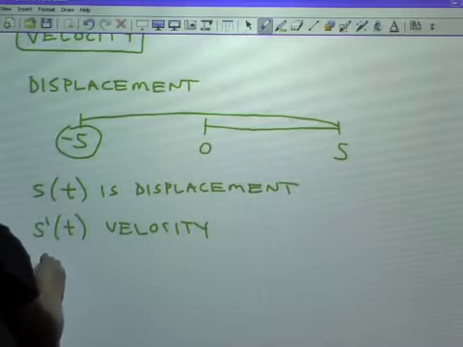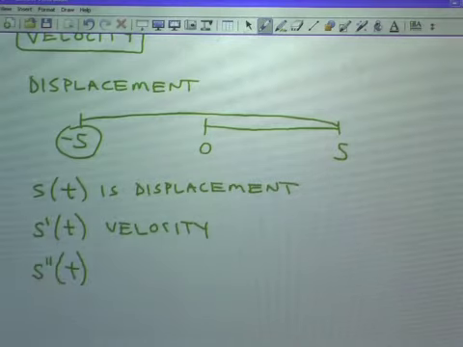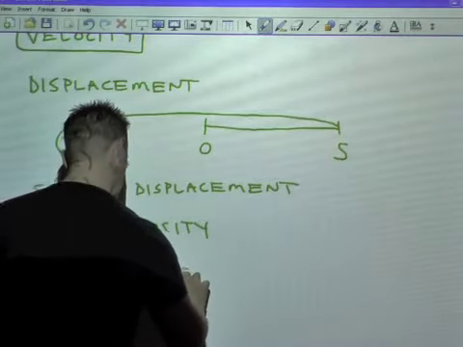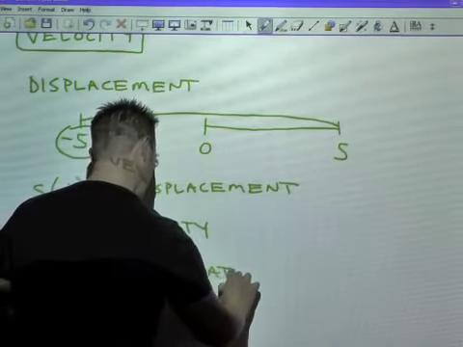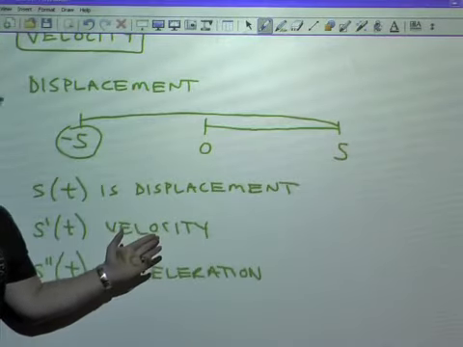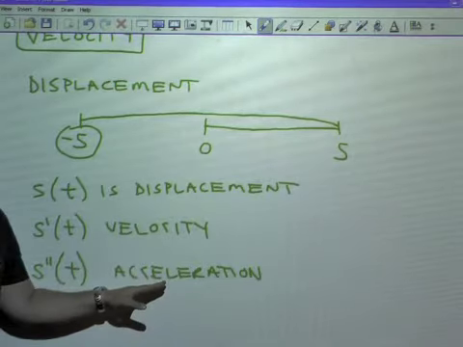Now we can actually think about the second derivative. So second derivative is actually called acceleration. Okay, so the rate of change of displacement is velocity. The rate of change of velocity is acceleration.